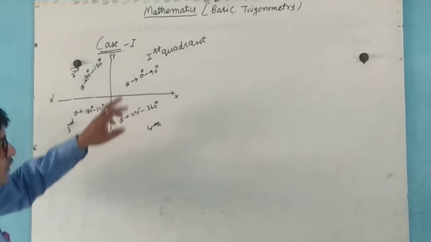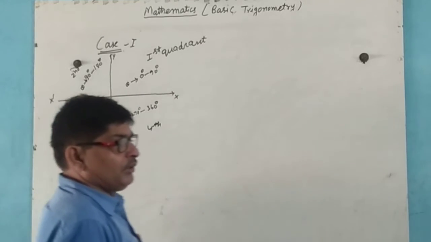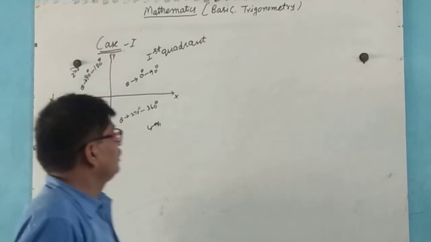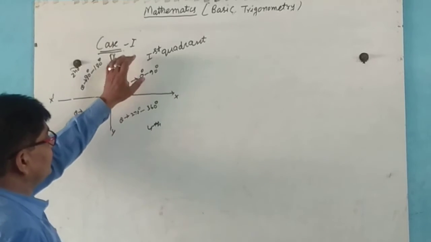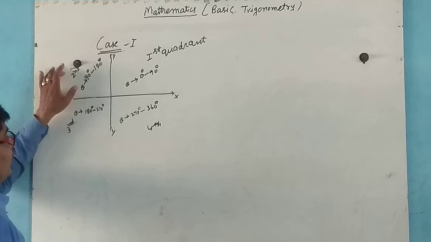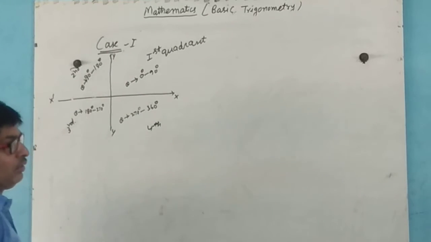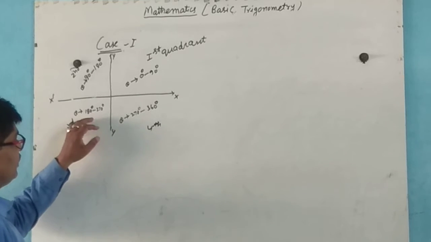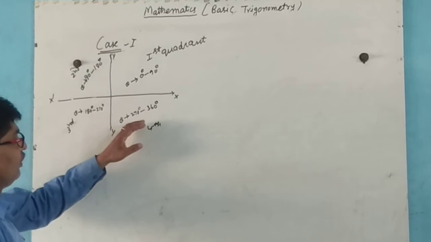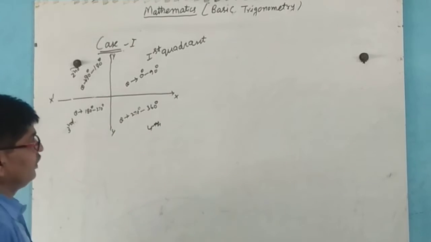It means that if the value of theta is 30 degree, that comes in this quadrant, 150 degree comes in this quadrant, 210 degree comes in this quadrant, and 300 degree comes in this quadrant.